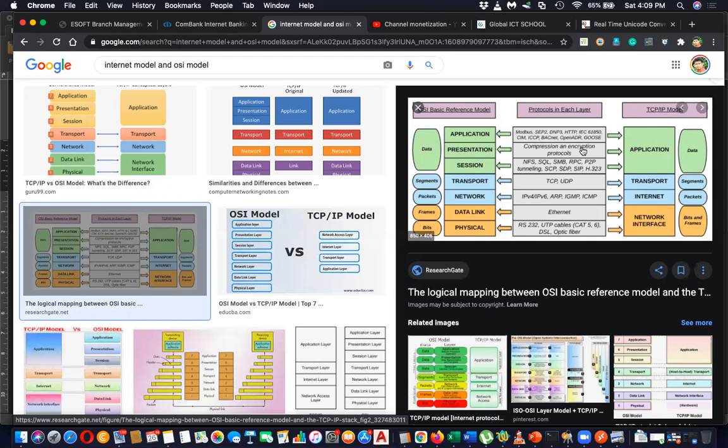Then encryption, the protocols, data representation, ASCII, binary, EBCDIC, all this comes here. Then tunneling, P2P, which means how to build a session, SMB, Samba, NFS, SQL, that is to build the session. And TCP and UDP do the transportation part.